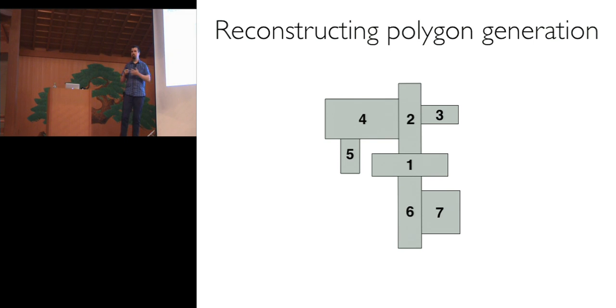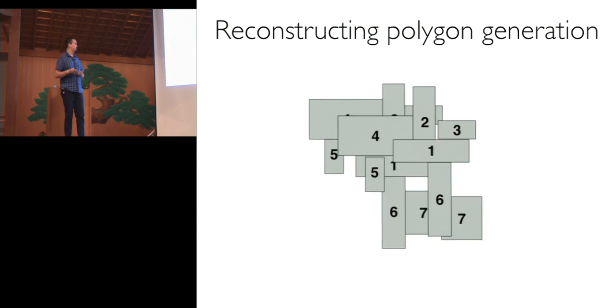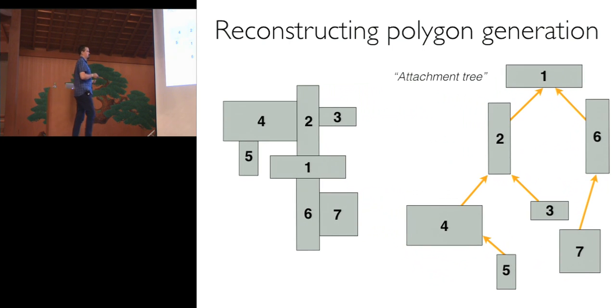And as we were growing this polygon, we could have also built an auxiliary data structure which keeps the dependencies between these primitives. This is what we call an attachment tree. The attachment tree captures the fact that, for example, the polygon 4 couldn't have been attached to the entire body before the polygon 2. So these are the dependencies between the primitive polygons as they were attached.